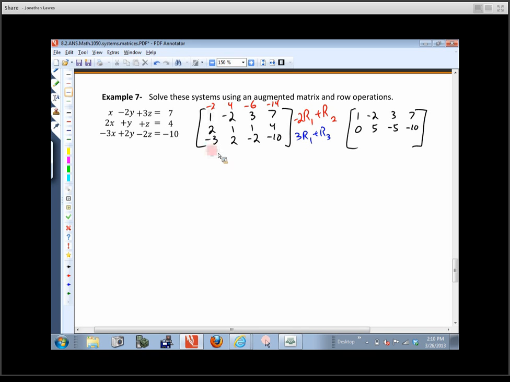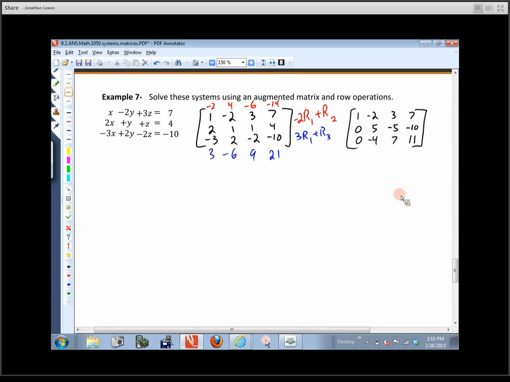Okay? So that's going to give us a 3, a negative 6, a positive 9, and this is going to be a 21, right? So if I put those together, I get a 0, I get a negative 4, I get a 7, and I get a positive 11.